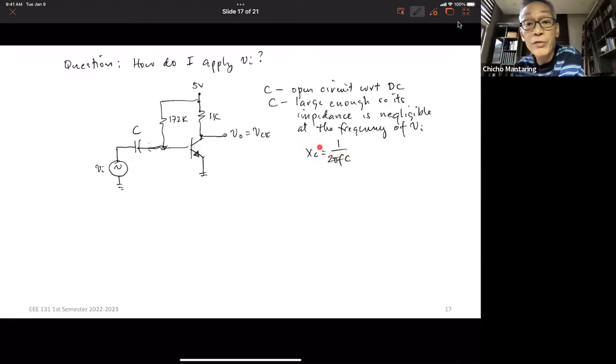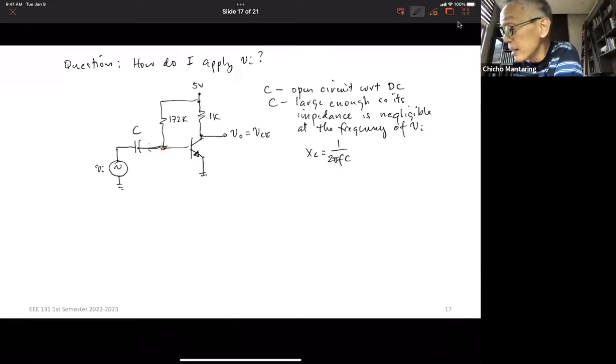So XC is like a short circuit either at high frequencies or at high values of capacitance. You want it high enough that it looks like a short circuit to this vi. Then this vi can be superimposed on the DC voltage that is currently here through superposition.